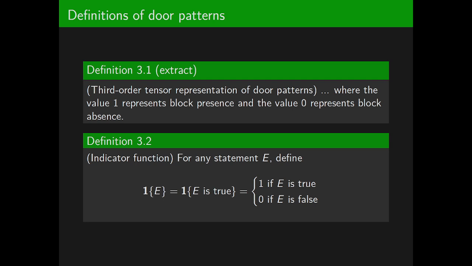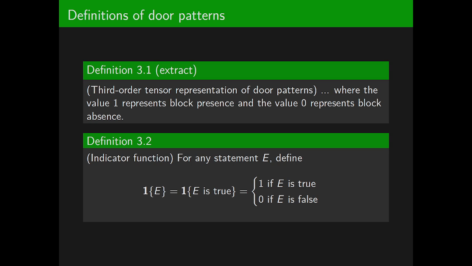There's really nothing special about the following two definitions, but it's important for me to also tell you so that you get the context of it, because I cannot guarantee that you're going to look at the document. So definition 3.2 is the indicator function. For any statement E, define the indicator function of E. Basically, it's just the indicator that E is true.